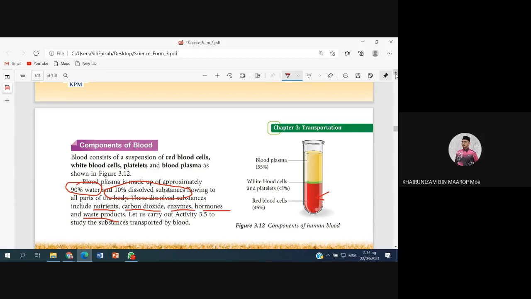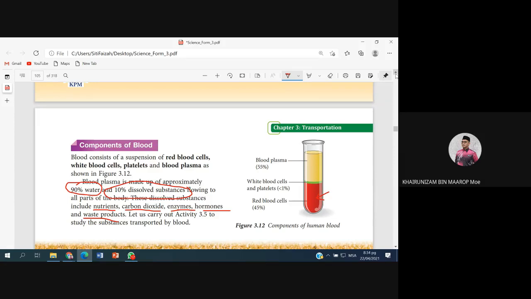They are made in the bone marrow and the lifespan is about 120 days. The function of the red blood cell is to transport oxygen from the lungs to all body parts and transport carbon dioxide from the body to the lungs.